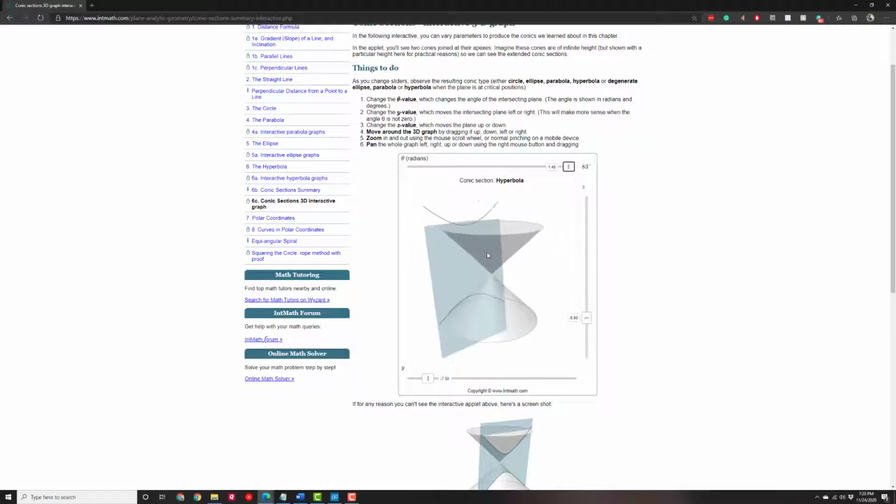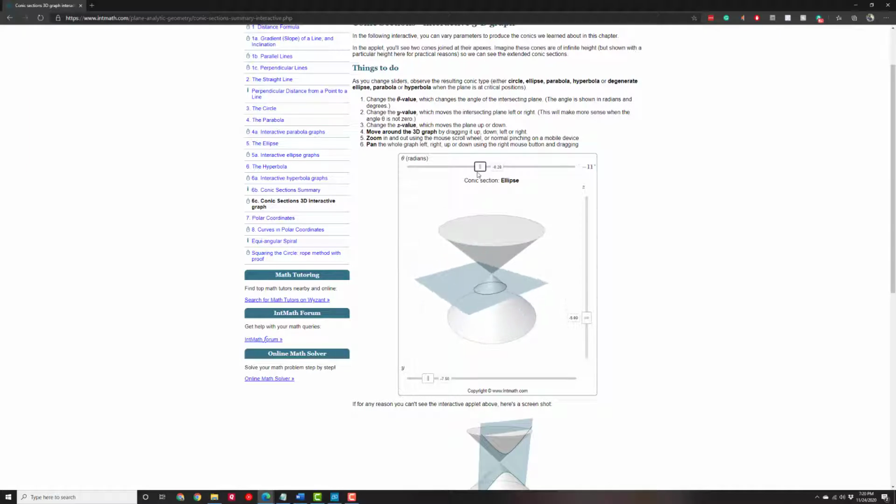So again, the basic three types of conic sections are what you see here: a hyperbola, where the plane hits both the upper and the lower cone. Then if I tilt that plane back to where it's not hitting that upper cone, you get a parabola, and you tilt it even more and you get an ellipse.